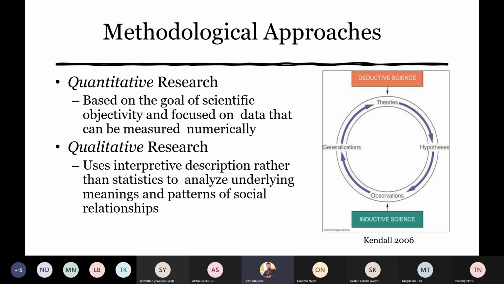Now, when we are working with research to gather information, we employ either quantitative research or qualitative research. Quantitative research is based on the goal of scientific objectivity and focused on data that can be measured numerically, while qualitative research uses interpretive description rather than statistics to analyze underlying meanings and patterns of social relationships.